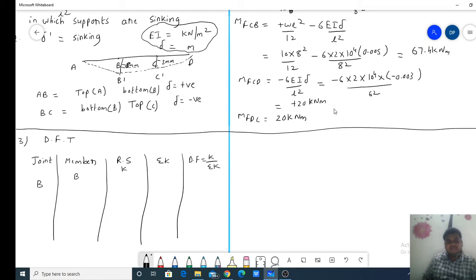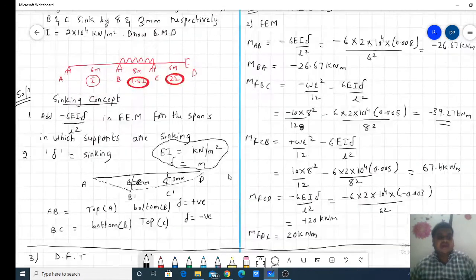Now for B, if I am taking BA as a member and BC as the member, you know that A is hinge, so the formula will be 3 by 4 into I upon L. And here you can see the value of I for BA. For I it is the same.